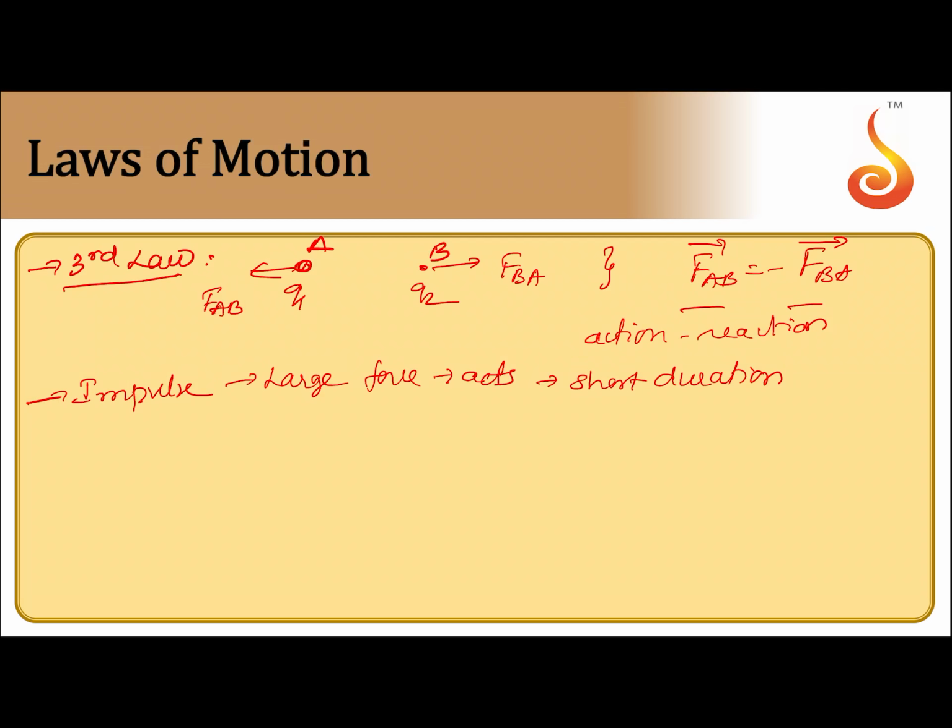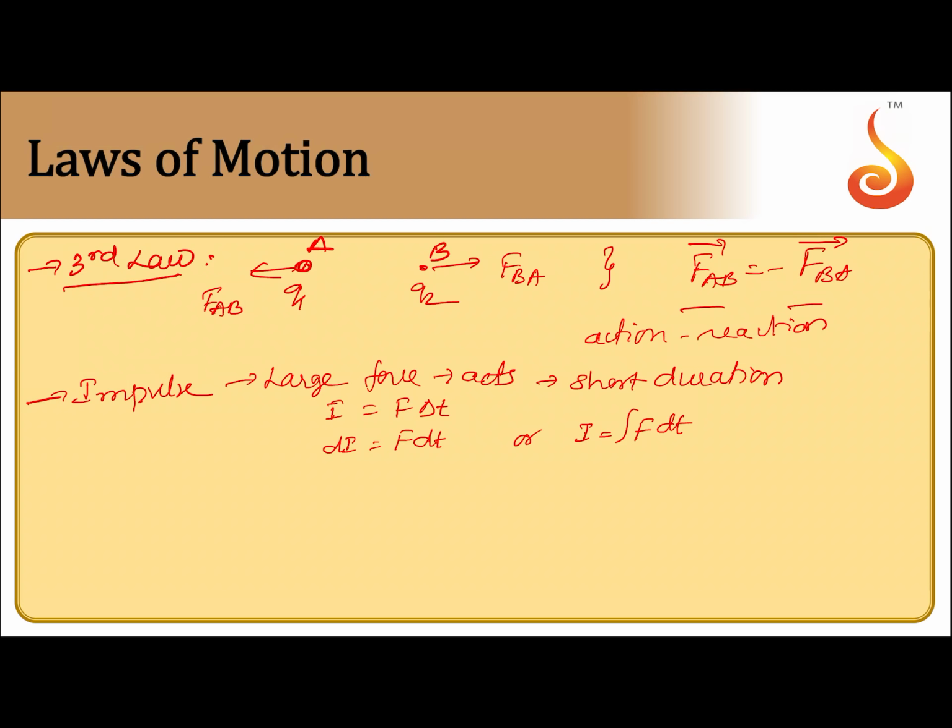The impulse is given by the product of force into the short interval of time. So, I is equal to F into delta t. Or if it is a very short interval of time, then we can write dI is equal to F dt, and the total impulse is given by integral F dt.